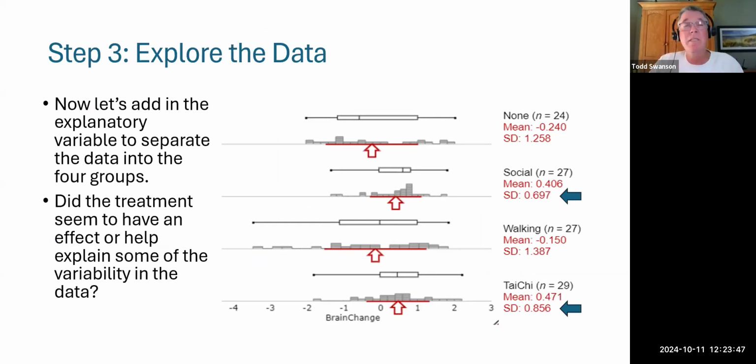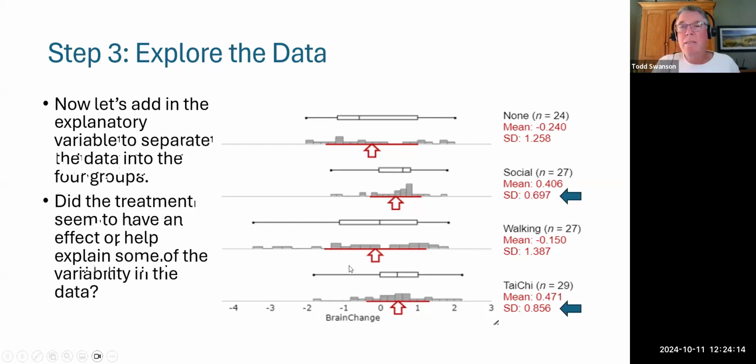Let's toss in a variable, see if that helps explain some of the variability, see if that seems to have an effect. So now we've got a little complicated graph here, but here are the 4 groups, and the means are here in these red arrows, and they're also over here on the side, and the standard deviation is kind of shown by the width of that red line from the mean out to the edge.